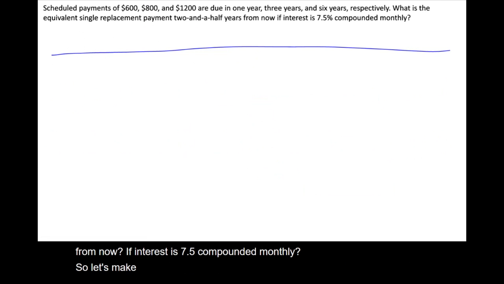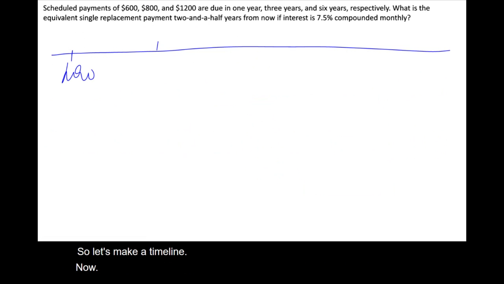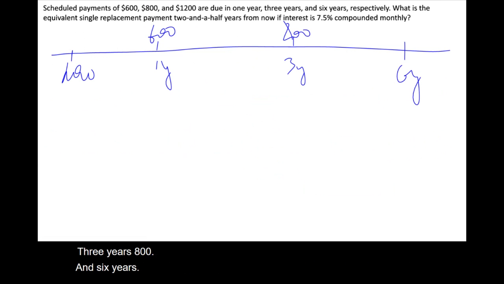So let's make a timeline now. 1 year, 600; 3 years, 800; and 6 years, that is 1200. Instead of that, we have, at 2.5 years, an unknown payment X.